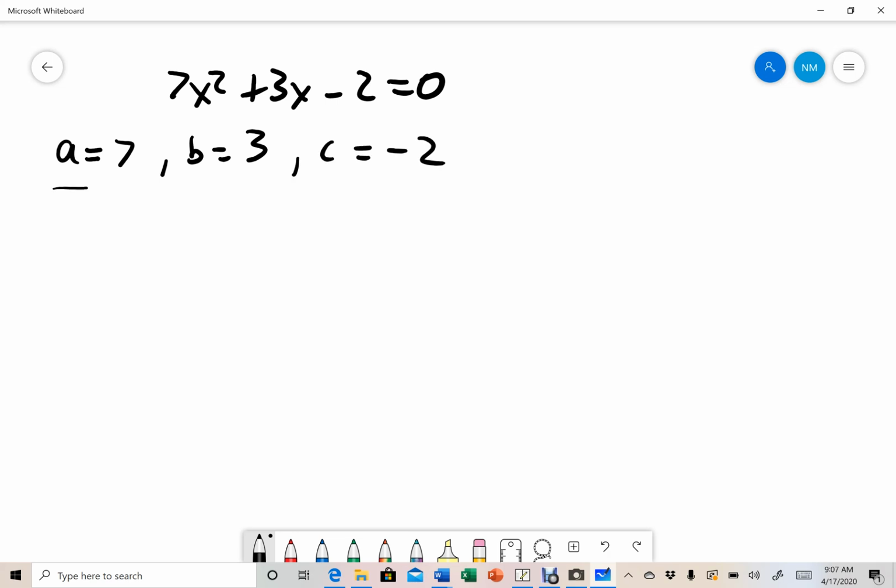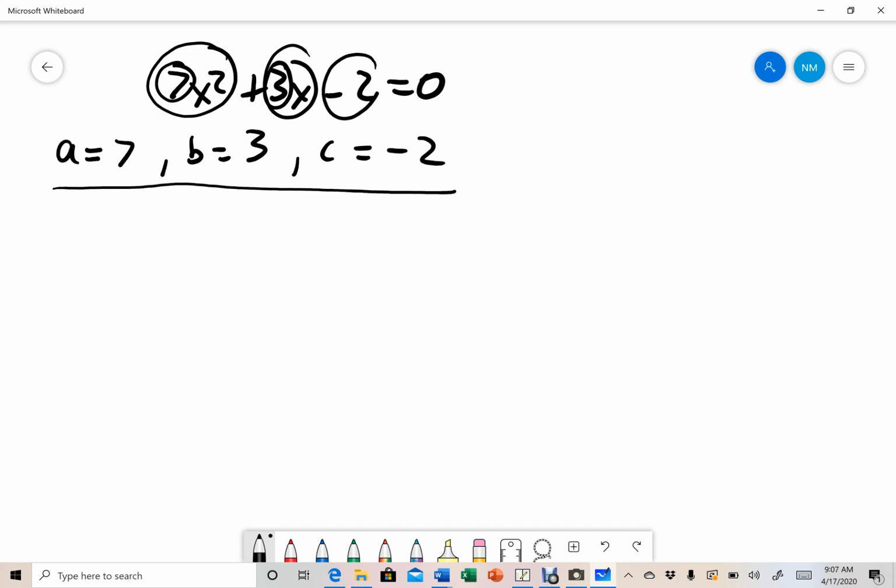Here I can easily identify my values as this being my A, this being my B, and this being my C. So we're just simply identifying those values and applying them to A, B, and C, because these numbers are all in our quadratic formula of x equals negative b plus or minus the square root of b squared minus 4ac, over 2a.